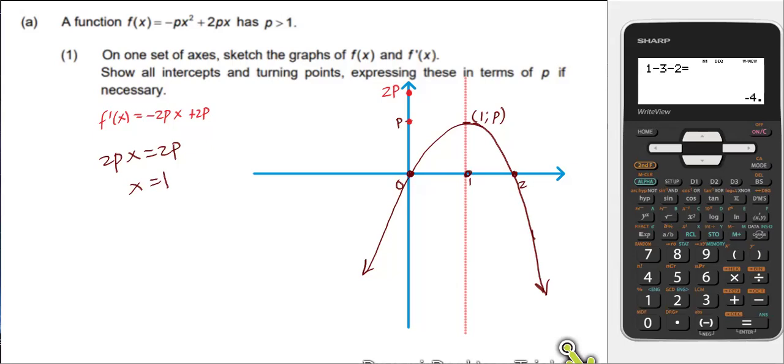So the other equation will be the green one. It's going to be that green line. That is the derivative, because a parabola must give a straight line.